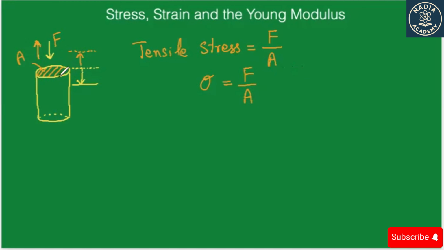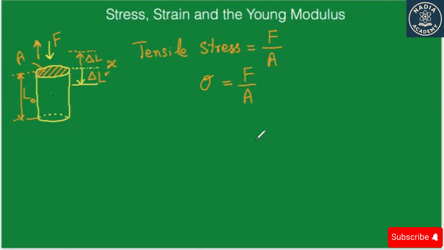And so we write it with the symbol sigma: tensile stress is equal to the force divided by the cross-sectional area. Now, when you apply the force on this system, the system will change its length. For example, the change in the length, delta L, in case of extending it or in case of compressing it. This extension, in our previous discussion, we were writing as x. Before putting the system under the force, the total length of this cylinder was, let's say, L naught, the original length.